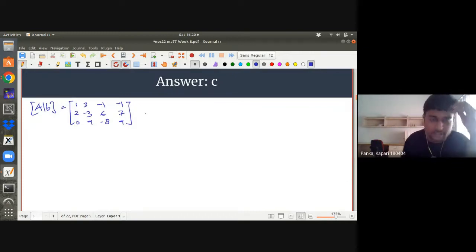So again, let's reduce it to a row echelon form. Notice that we already have a 0 entry. So our aim is to make this entry 0 and this particular entry 0. So let's apply these elementary row operations.